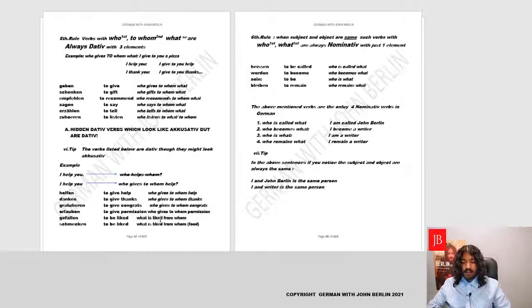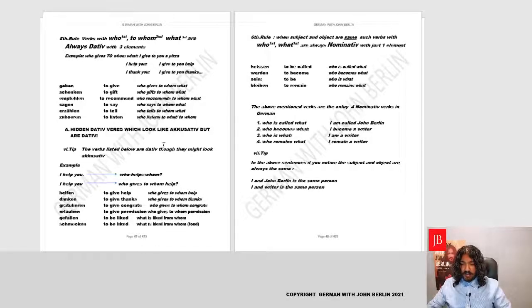Let me update: dative is not just to whom, for whom, it's also sometimes from whom. So in that regard, these verbs are also dative verbs. From whom is something liked. We'll talk about these two verbs later as well, so that you understand them in depth.